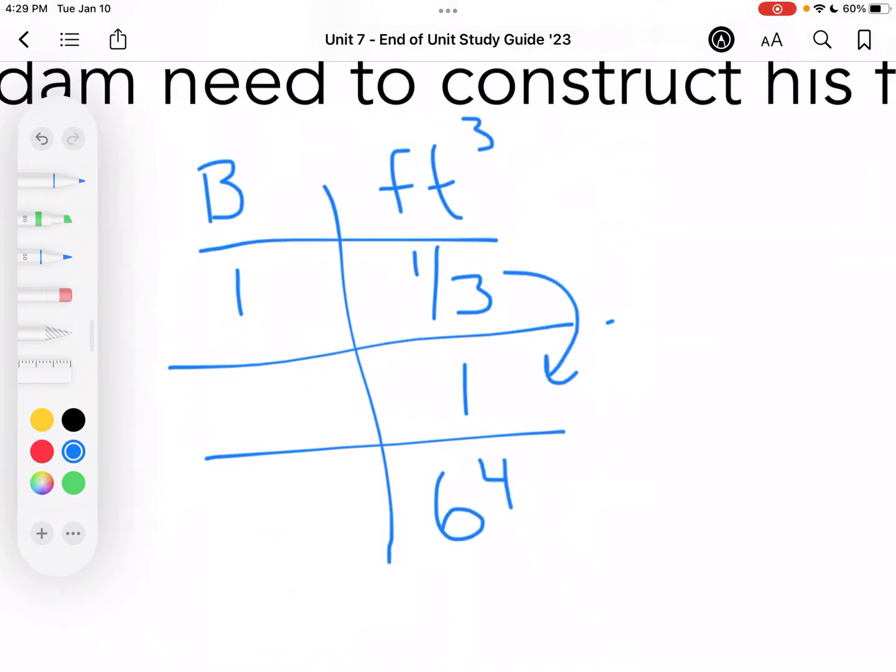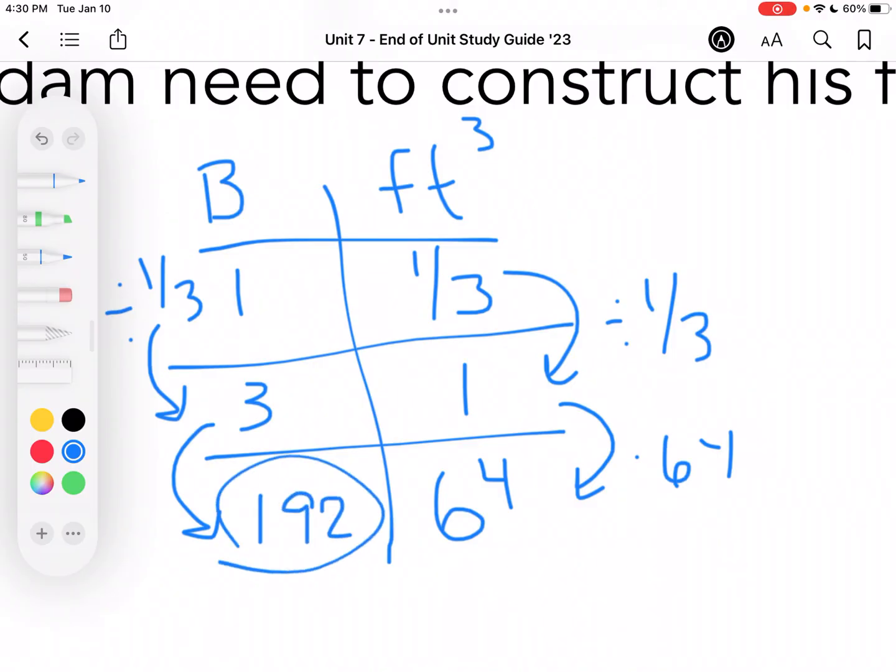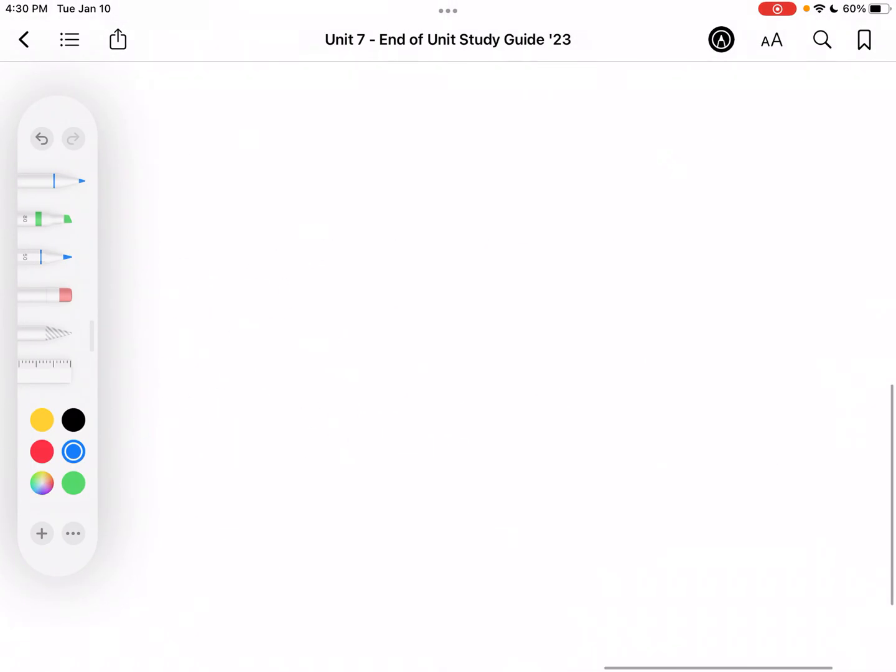So I'm going to divide by 1/3. So that's 3. So I'm going to multiply by 64. So 3 times 64, and I get 192. So I need 192 bags.